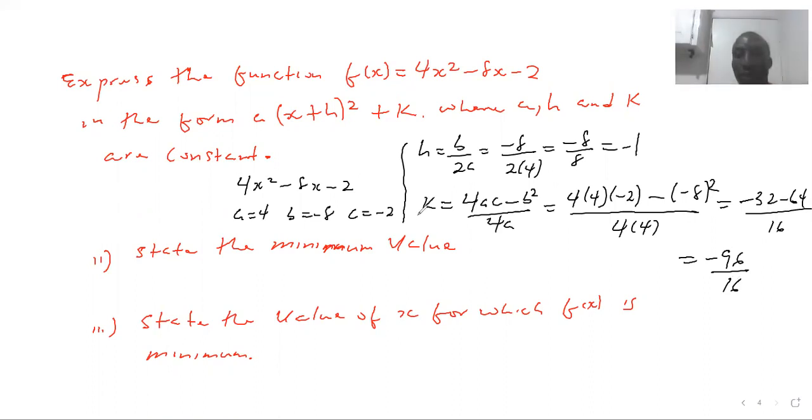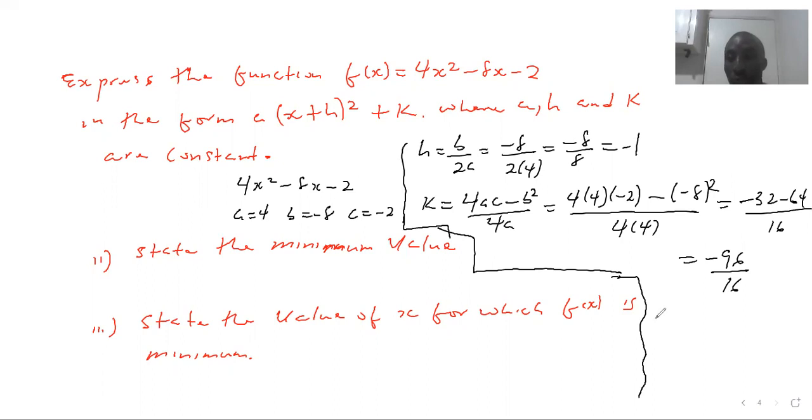So my answer for this, I'm coming down here to write my answer. For the complete square, it is supposed to be a bracket x plus h squared plus k. The a value is 4, so 4 open bracket x now plus h.